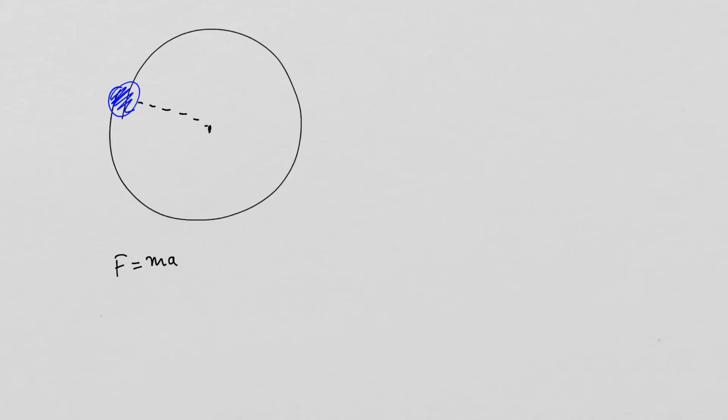The centripetal force is directed towards the center of the circular trajectory, and we know that the acceleration due to that force is in the same direction as the force. So that means that the acceleration must be directed towards the center of the circle as well. We are going to call this centripetal acceleration. So a sub c is centripetal acceleration.